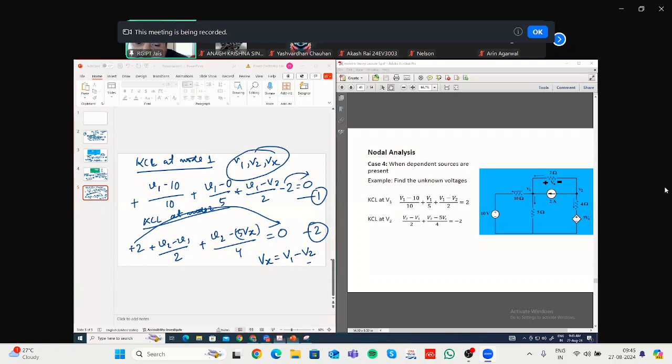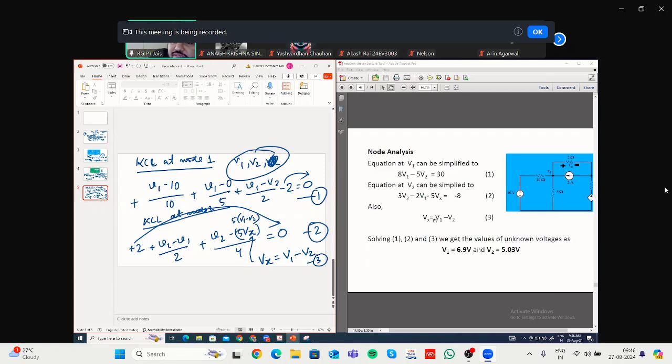So this is the third equation. If you put this value of Vx here, then both equations have only two unknowns, V1 and V2, which you can solve.